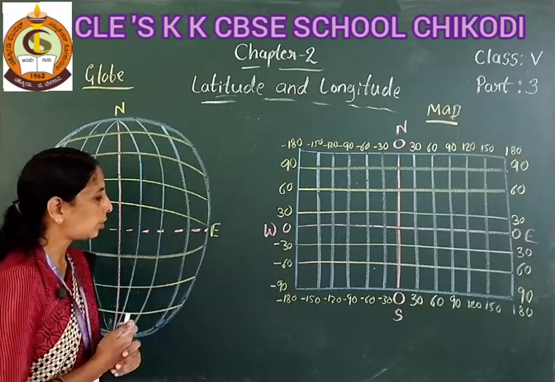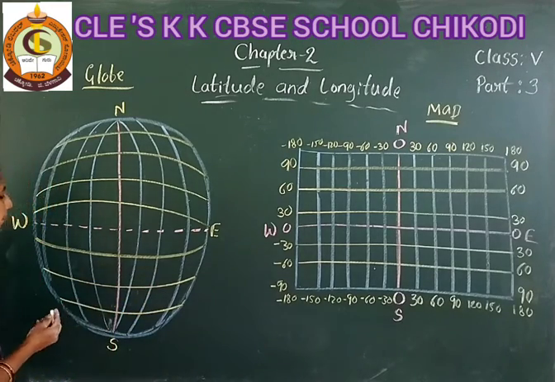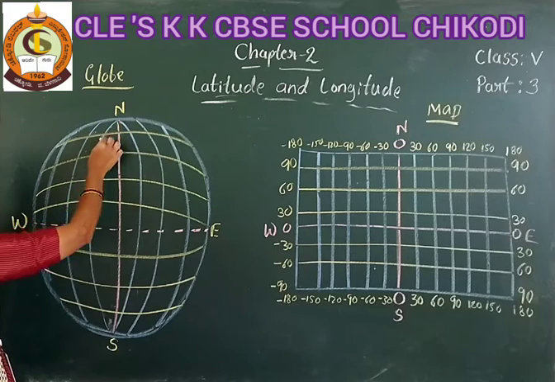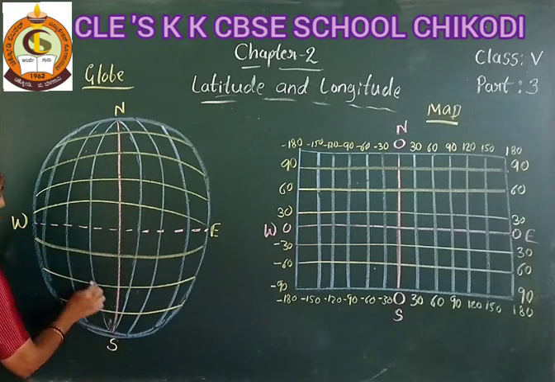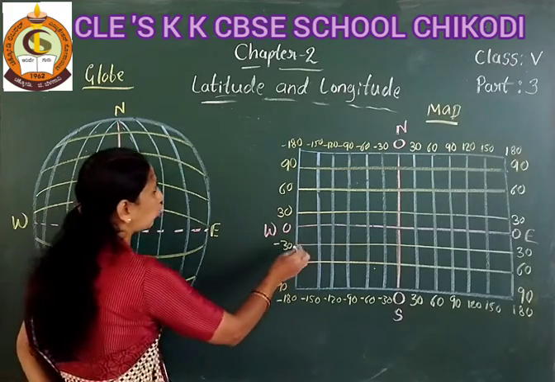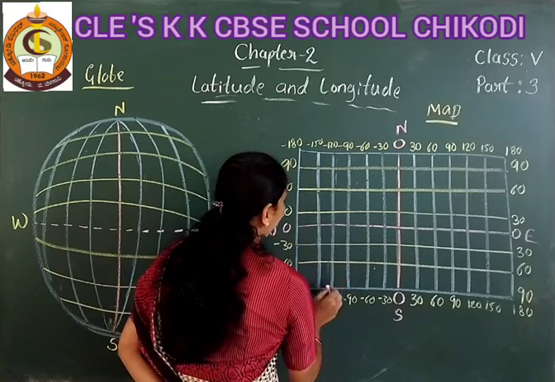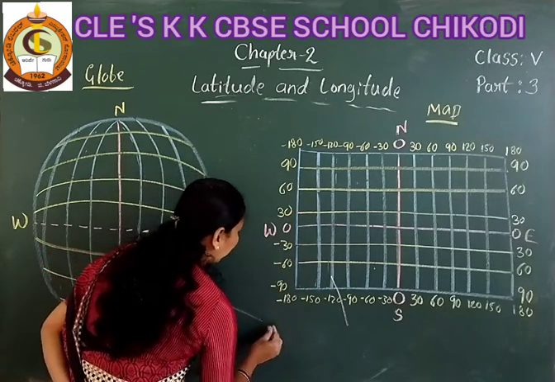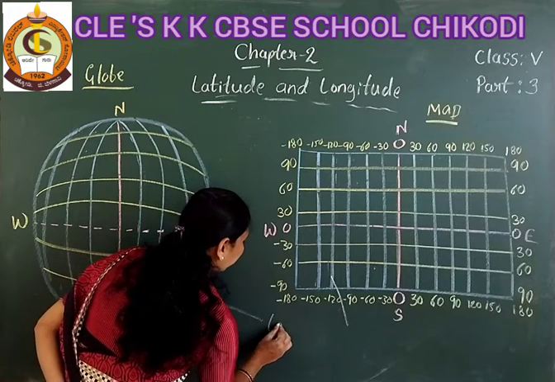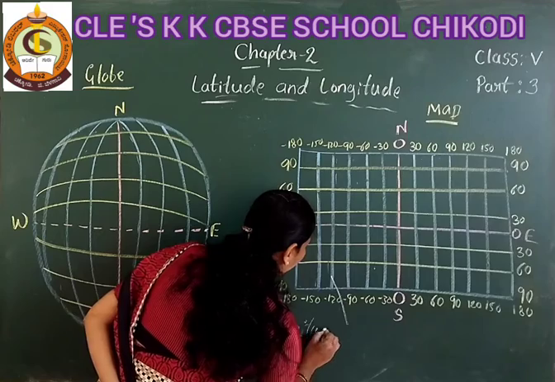See here students, on the globe you can see some standing lines, and also on the map some standing lines are there. So these lines are longitudes.